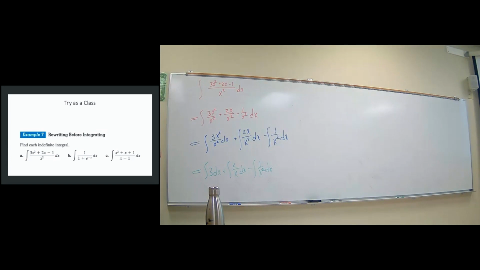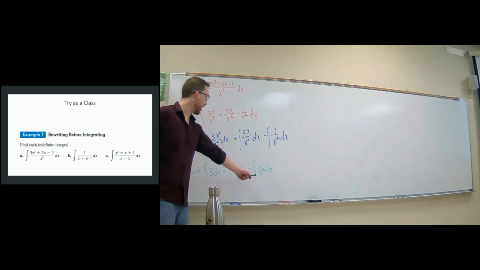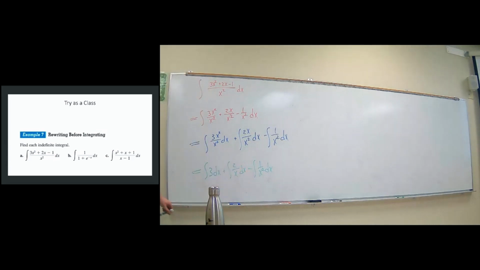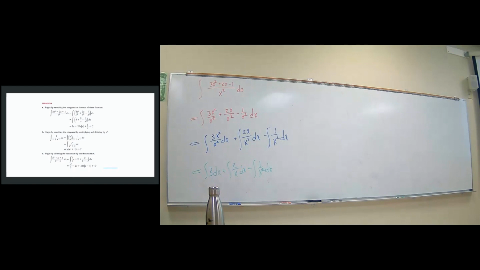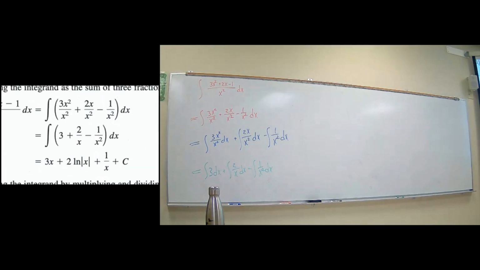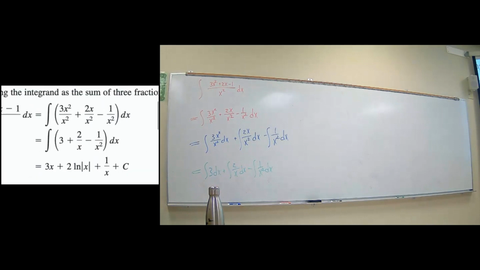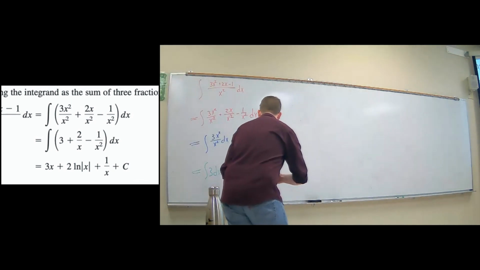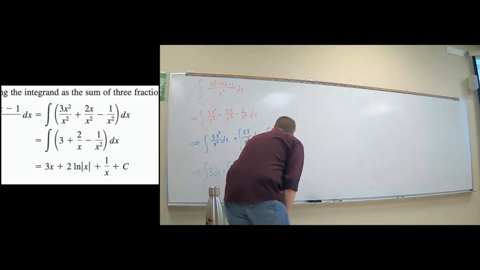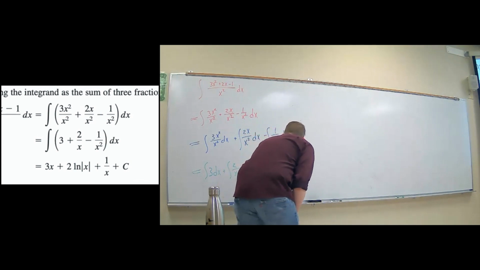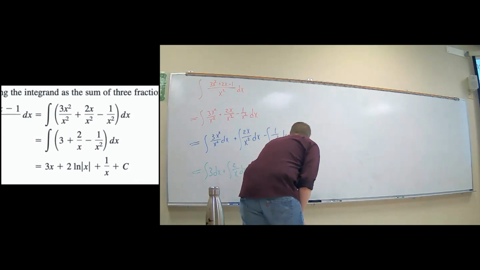The only one that might give us a hard time is this very last one. But let's think about what this is. The integral of 1 over x squared dx is actually equal to the integral of x to the negative second power dx.